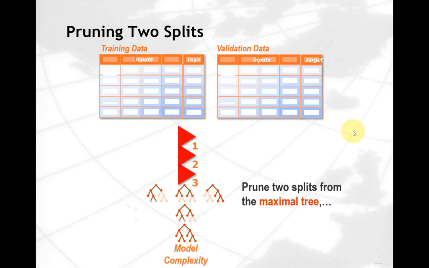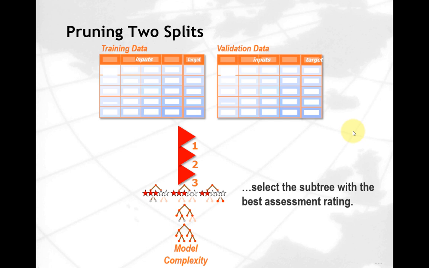Starting from this point, you also have a possibility that you prune all the way 2 levels up on this side and get another 4-leaf tree. Each time it will start from the maximal tree, but it'll choose a different path. It will exhaust all the paths. So in this case, there are only 3 possibilities going from the maximal tree, and then again, SAS will calculate the performance, retain the best one, and move on to the next pruning job.